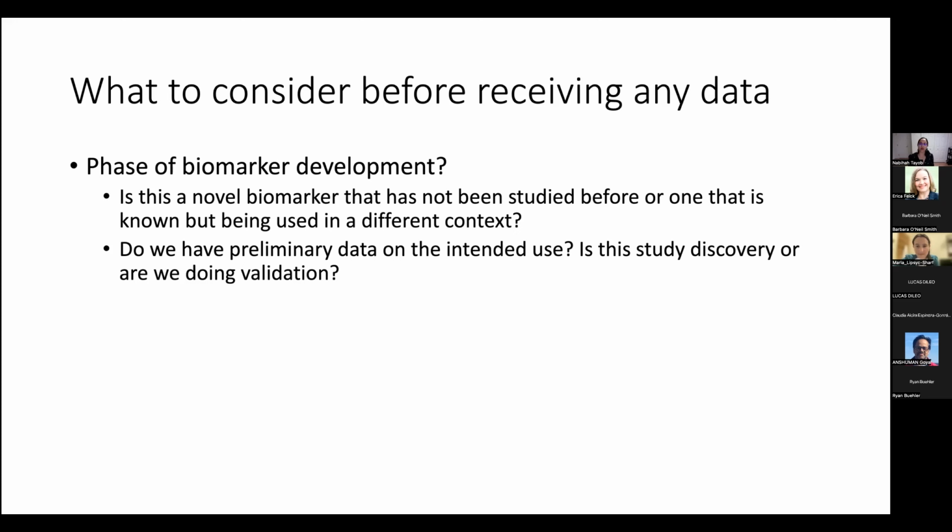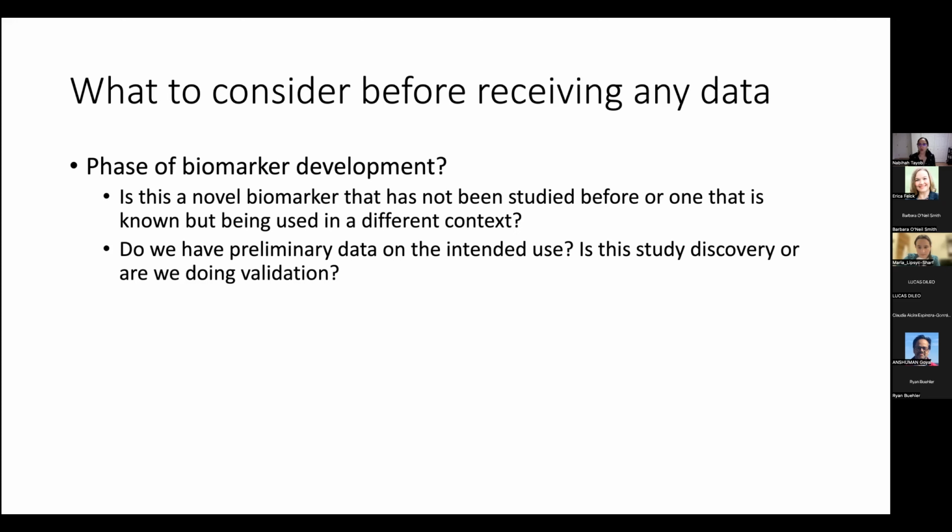You've measured the biomarker and you understand its performance in those who developed cancer and those who haven't. You could also have preliminary data only at the discovery level, so it's not quite in the intended use population.